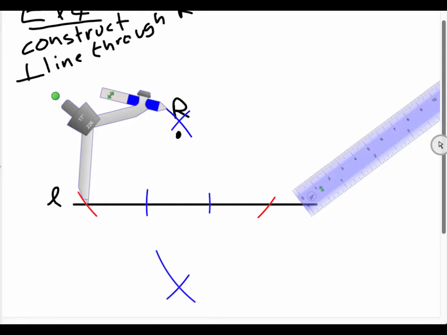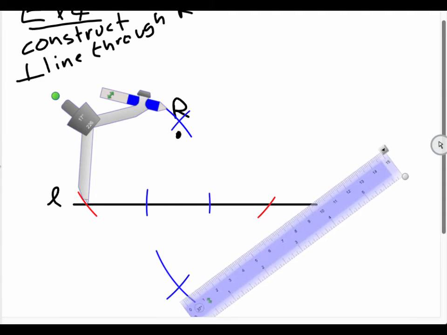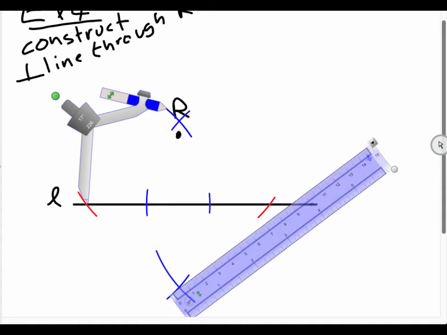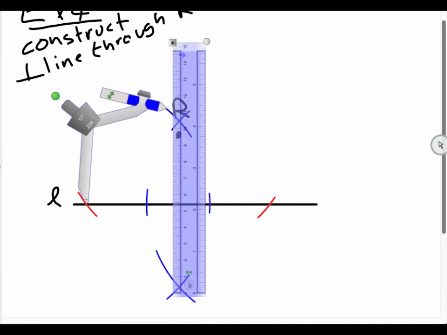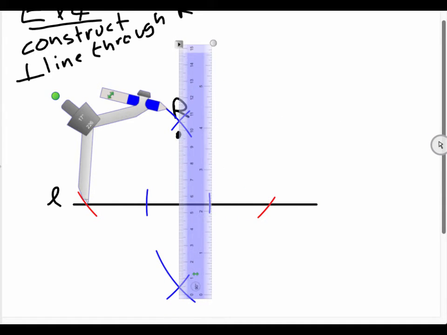I can get a bisector, but I'm not guaranteed that it will be a perpendicular bisector. It might be off a little bit. So then, to construct a perpendicular bisector, I just need to make sure that I'm equidistant from those 2 equidistant points, because R is at the center of those 2 points.